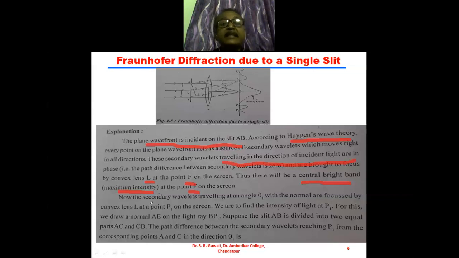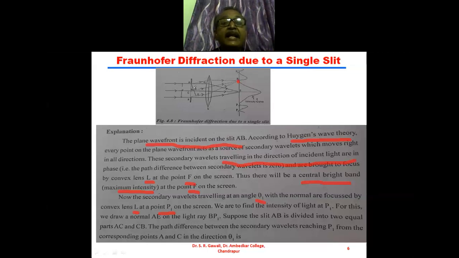Now we consider another point, the secondary wavelets traveling at an angle θ1 with the normal are focused by the convex lens L at a point P1 on the screen. We will consider this another point P1. We will consider all the secondary waves which are inclined at an angle θ1.